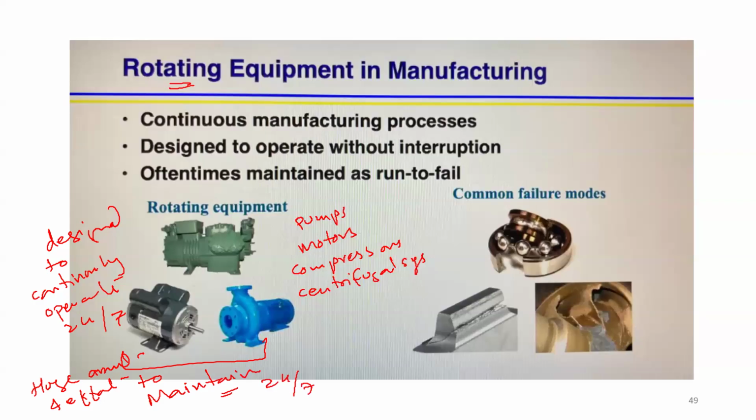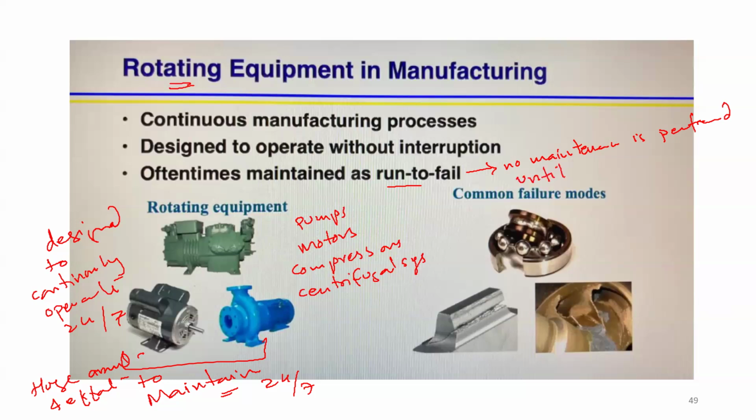These machines are frequently maintained through a run-to-fail strategy. Run-to-fail means that no maintenance is performed until a failure actually occurs.